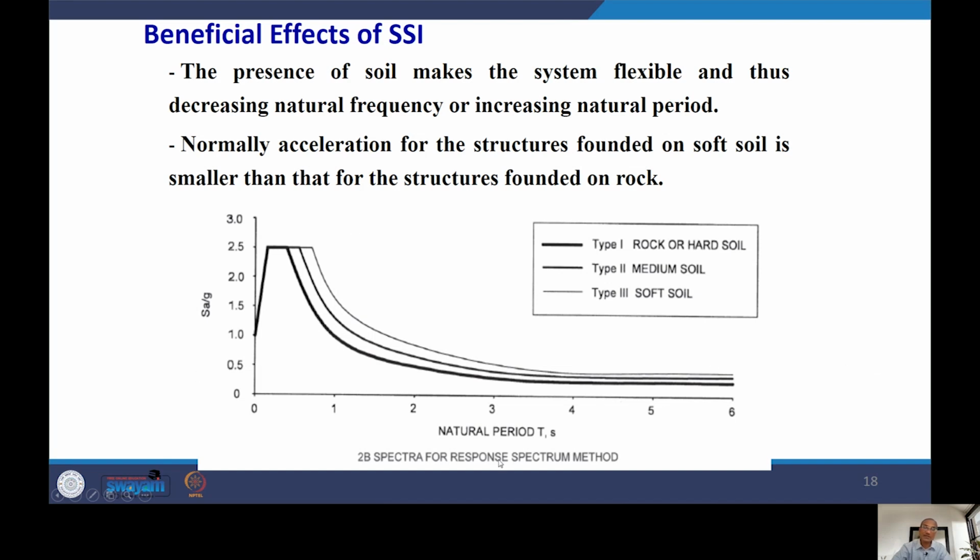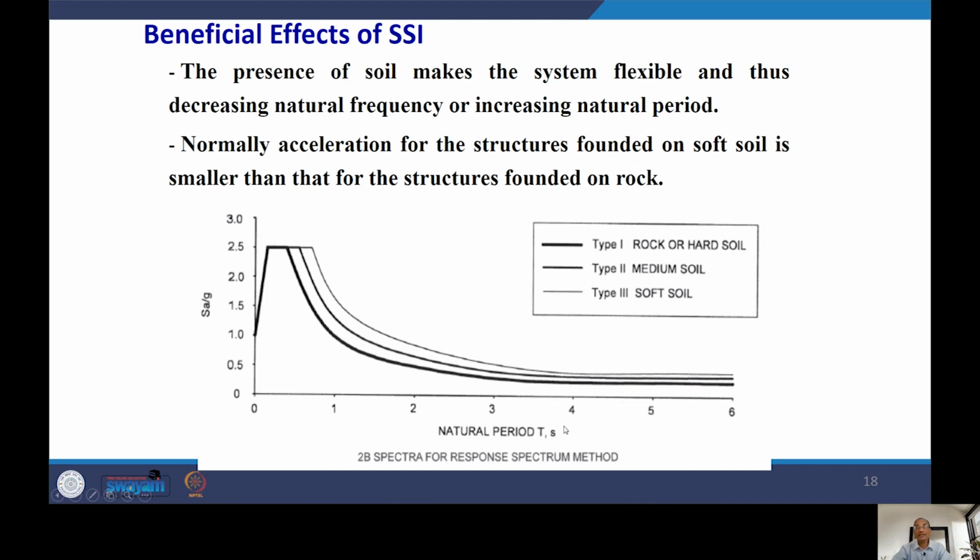So this is what is called the response spectrum for a typical single degree of freedom system, and this figure is taken from IS 1893. So what happens? Normally the presence of the soil makes the system flexible, as we discussed, and thus decreases the natural frequency, or there is an increase in what is called the natural period.